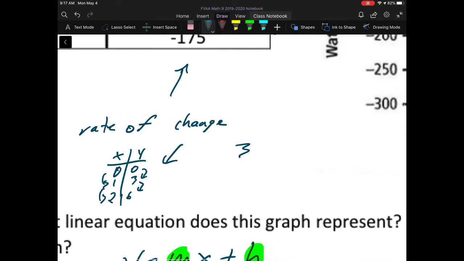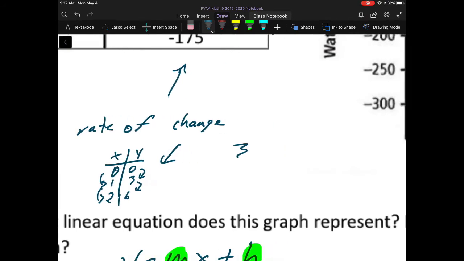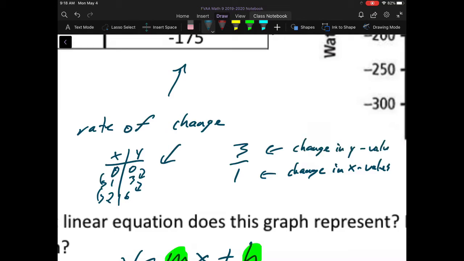So what we actually wrote, but we didn't show, was that our rate of change was actually 3 over 1. Okay? For every change in x values, and then change in y values. Okay? However, when your x is changing only by 1, you have a denominator of 1.